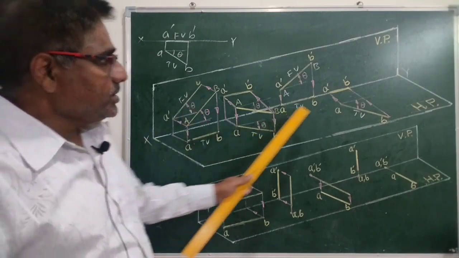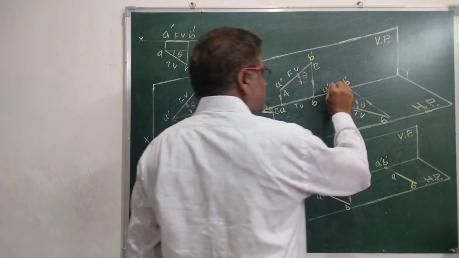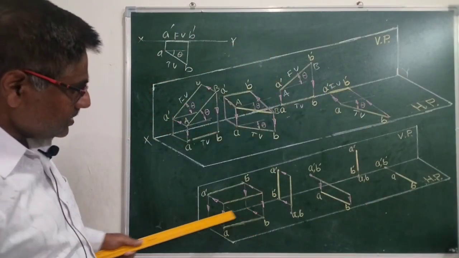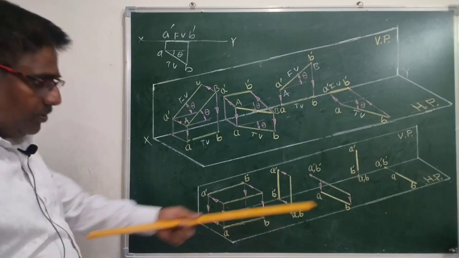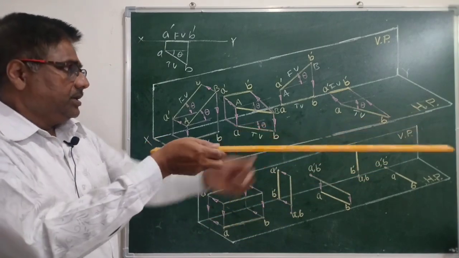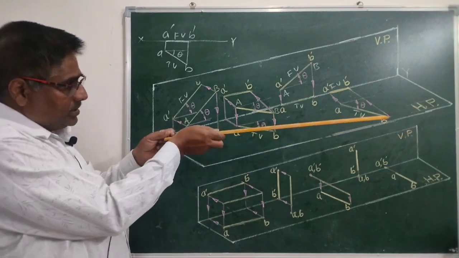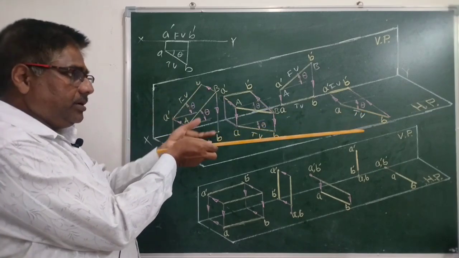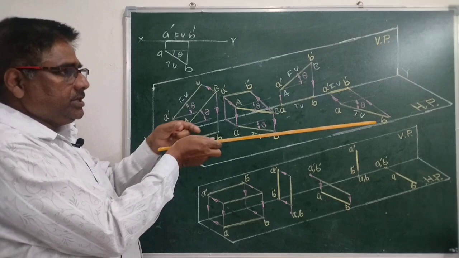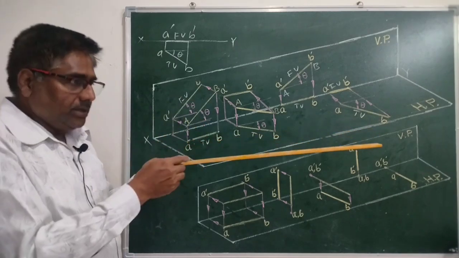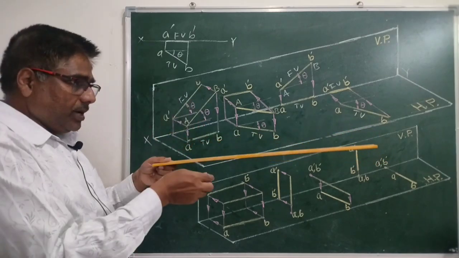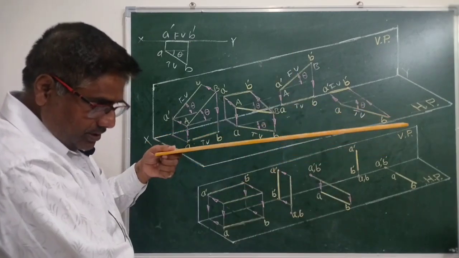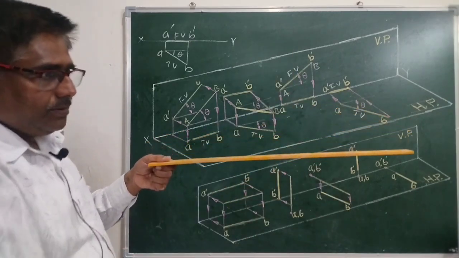Okay, so far we have discussed 4 cases. Now, a very simple case: when the line is parallel to both the planes. If you project the endpoints, you will get a horizontal line as a front view with true length. There will not be any change in the length in front view as well as in top view. When we draw the vertical projectors, once again we will get true length in top view.